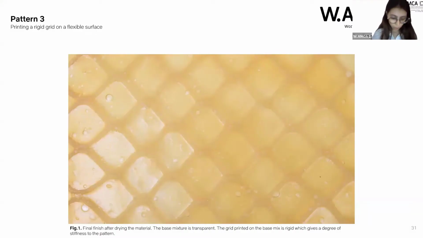The final result, after drying: the image shows the final finish of the obtained pieces. The base mixture is flexible because it has glycerin, and is translucent because it doesn't have calcium carbonate. The grid mixture is rigid and doesn't have glycerin and is more opaque.